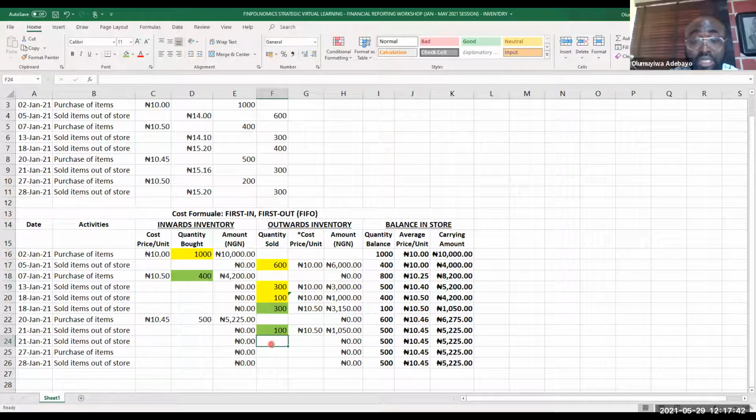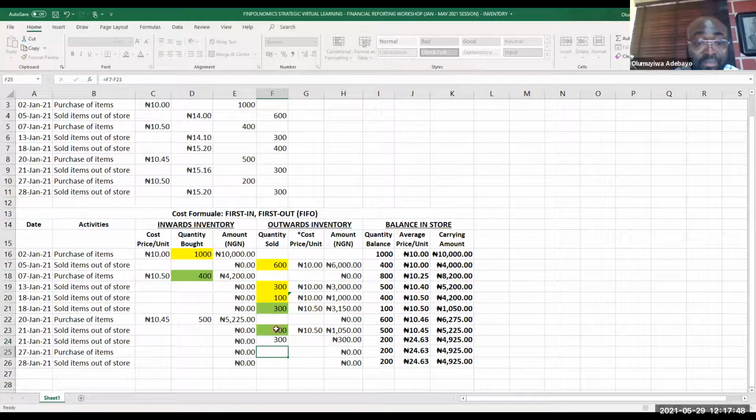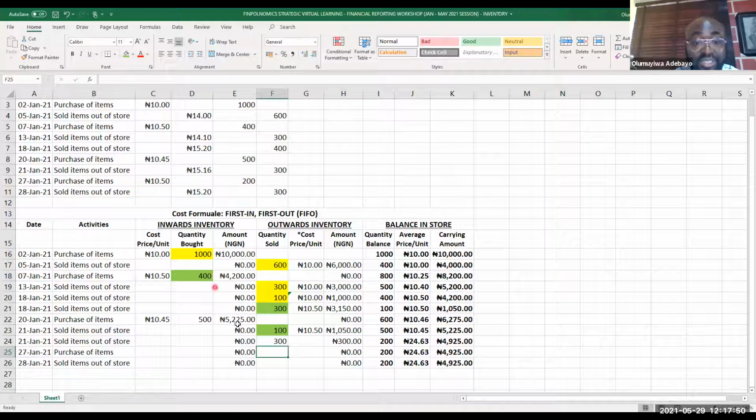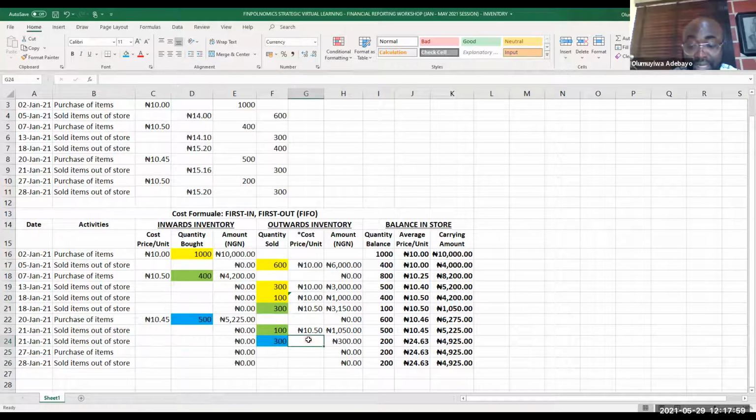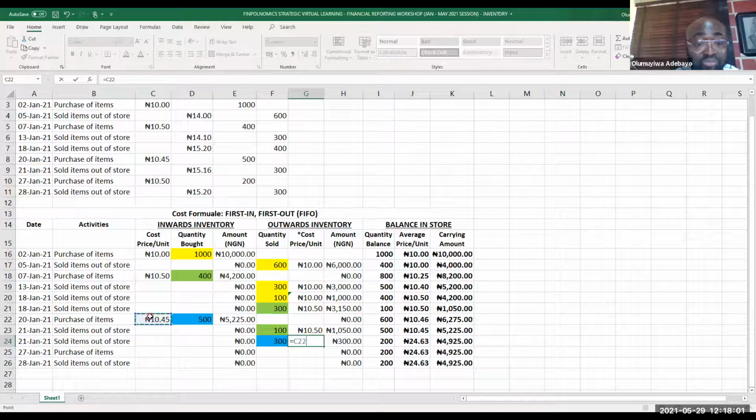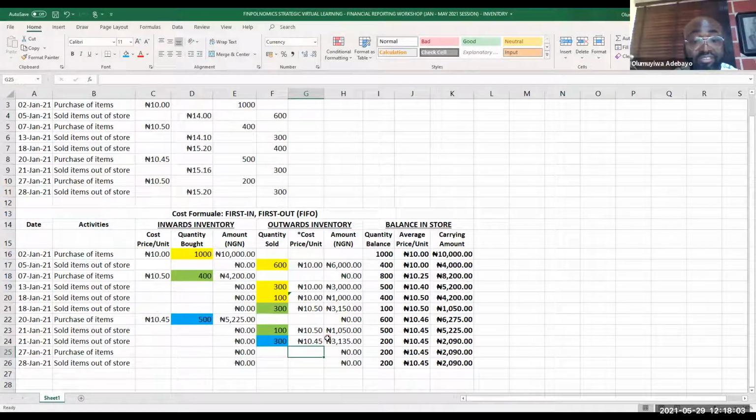And remember, we sold 400. Out of this 400, 100 was taken from the batch of green. And this 300 is taken from the batch of blue. Okay, and it then means that I'll pick the price from batch of blue, which is 10.45.